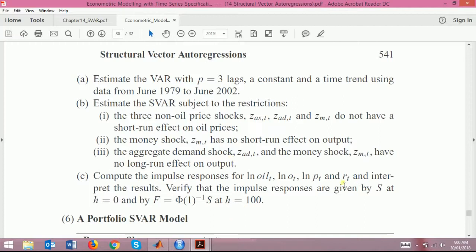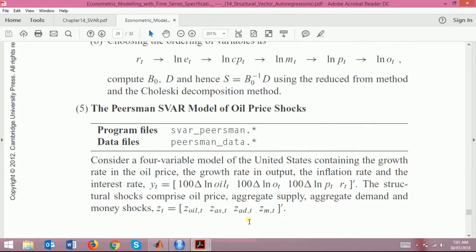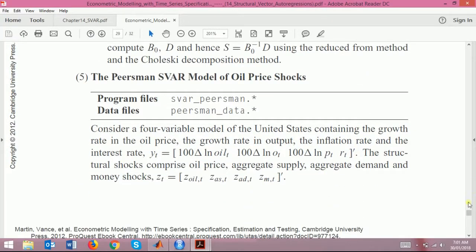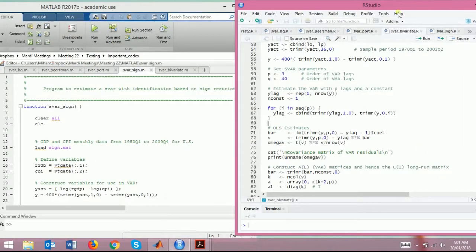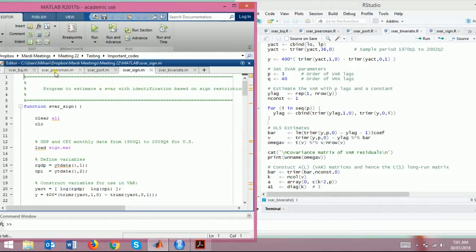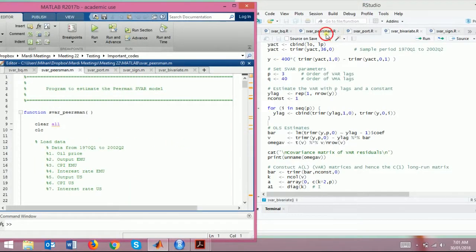Compute impulse responses for oil, output, price and interest rate. Interpret the results. Verify that the impulse responses are given by S at h equal to 0, short run, and by F with h equal to 100. Okay, so that is the Peersman model of oil price shocks. Let's see how it is done. Peersman.